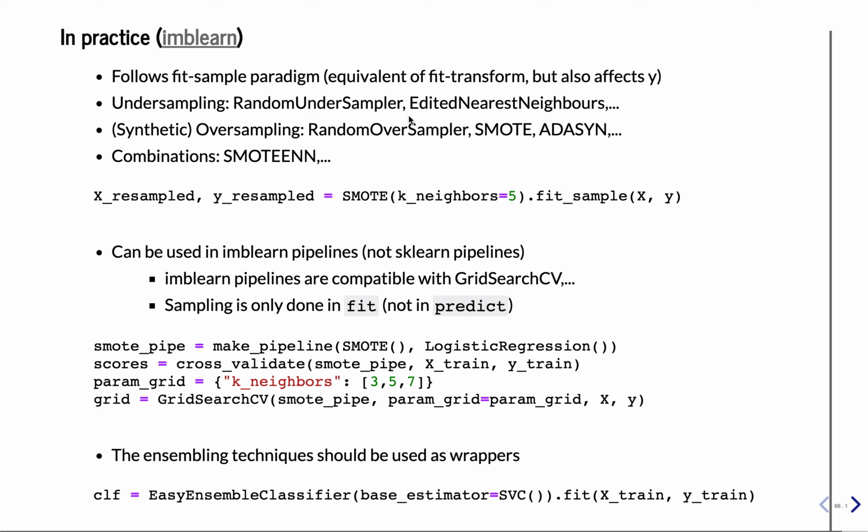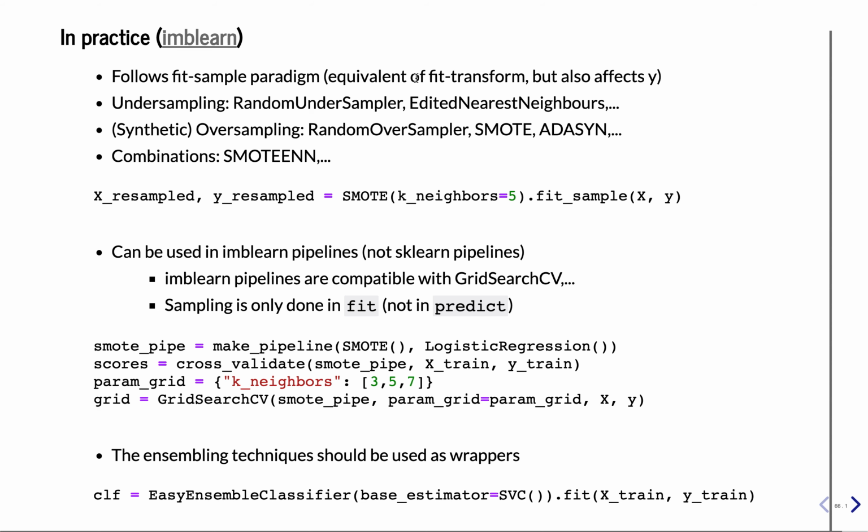How do you apply this in practice? Well, in scikit-learn, it is not so well supported. There's a much better package for this called imbalanced-learn. It follows a fit-sample paradigm, which is similar to fit-transform, except that it also affects the Y output.